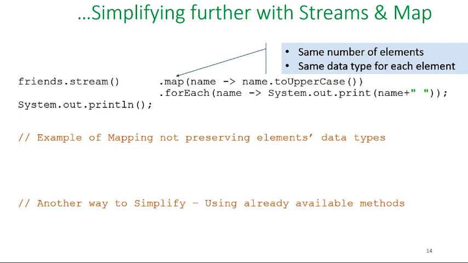The stream that results from the friends collection, so friends.stream, whatever is returned here, immediately I call .map on it. The map method, which is something we are going to see a lot of and use a lot, is capable of taking a stream and applying the lambda expression that you specified as parameter to every element of the stream. So in this case, we have name as parameter for this lambda.